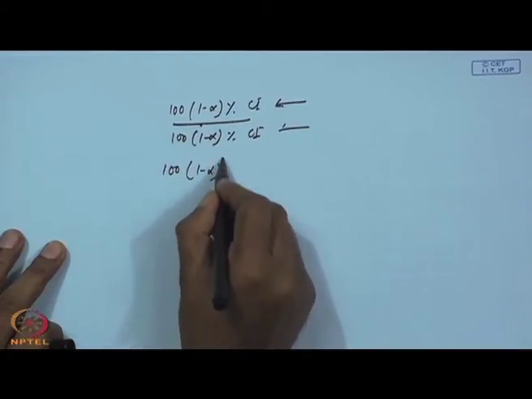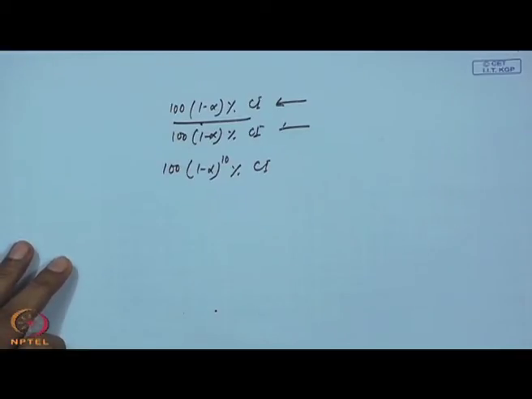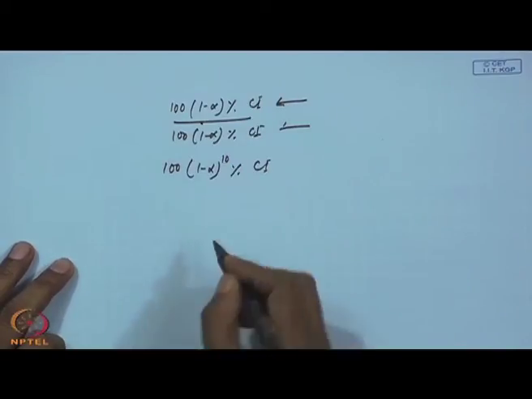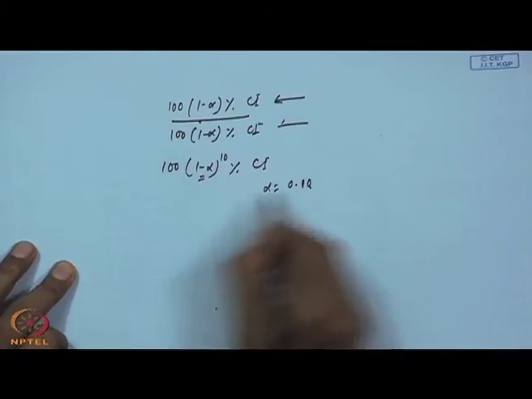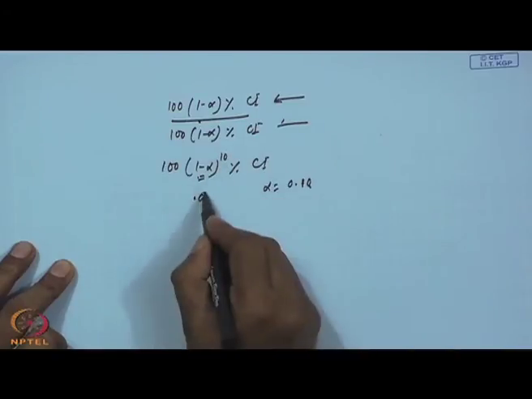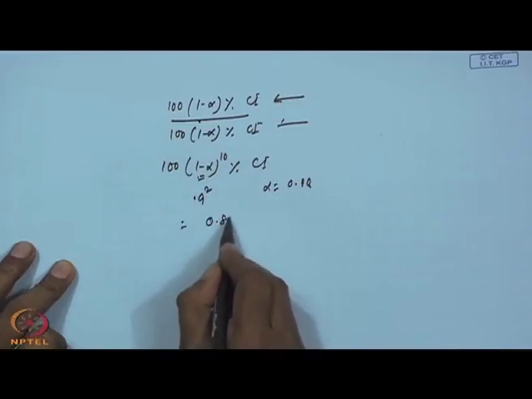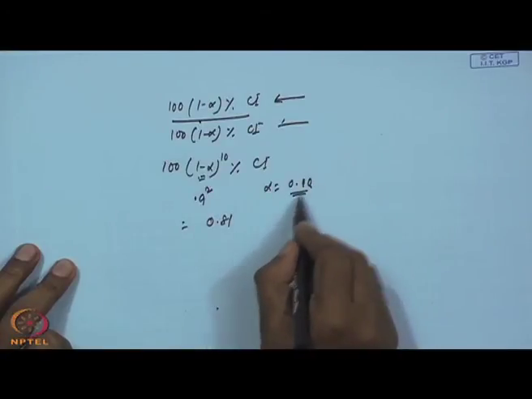You will get 100 into 1 minus alpha to the power 10 percent CI, considering that you are estimating the CIs independently. Suppose alpha is 0.1, then it is 0.9 to the power, and even for the two variable case it will be 0.81. So, you are getting an 81% simultaneous confidence interval. You will not get the 95% or here 90% that you thought of.